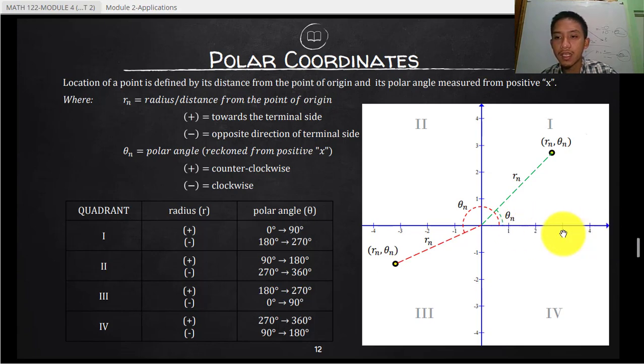You are connecting it with your rectangular. So R there is the radius. So let's say that is the point, then that is the radius. And then we have here positive and negative. If we say positive, okay, but first before we discuss that, what is theta? Again, polar, that is the angle measured from positive x.